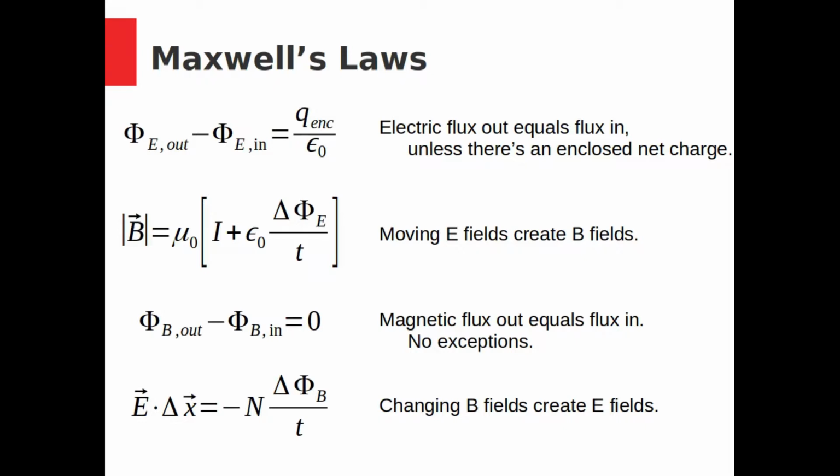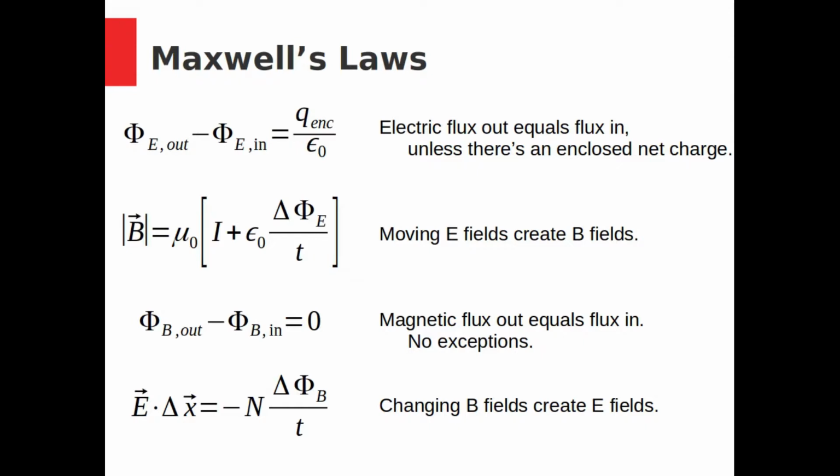An electric field moving in space creates a magnetic field. 3. Gauss's law for magnetic fields. The magnetic flux entering a Gaussian surface always equals the magnetic flux leaving the Gaussian surface. No exceptions. And 4. Faraday's law. A magnetic field that changes in time creates an electric field.